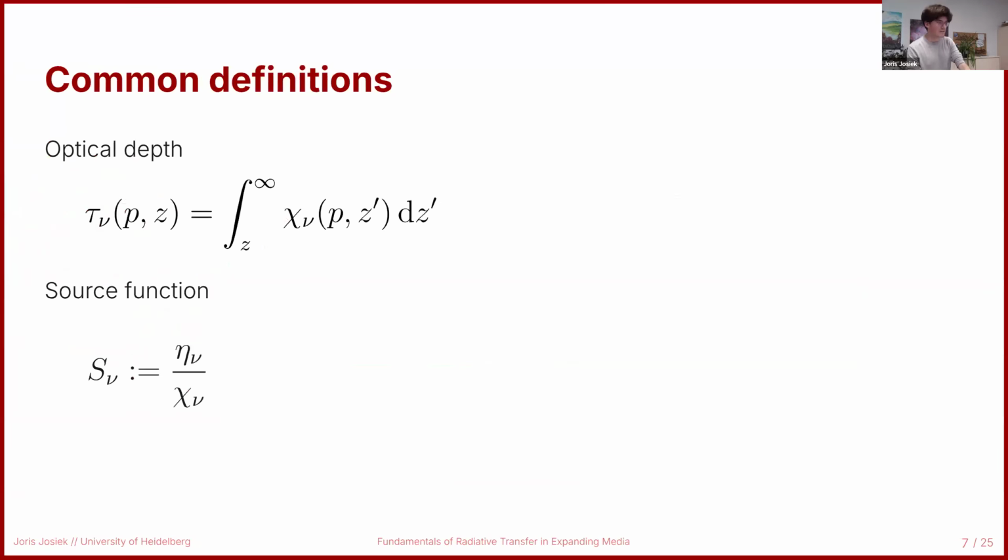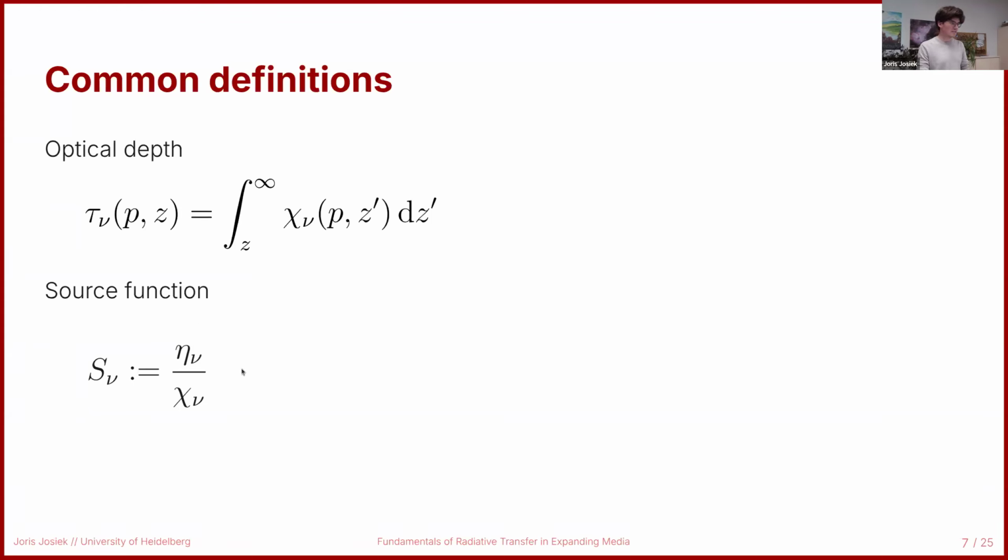Before we move on, there are a few definitions which are probably familiar to a lot of you, which we need. One of those is the optical depth. The optical depth is a dimensionless quantity, and it's basically the integral of the opacity over the photon path. This is usually defined from outside to inside, so viewed from the observer, going deeper into the star. Then we have the so-called source function.